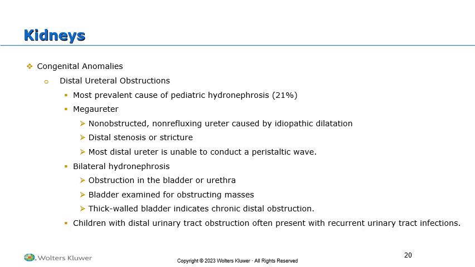It could be something in the bladder, like a bladder mass or something like that, that is affecting the bladder's ability to drain as well. So anytime we see bilateral hydronephrosis, we're thinking urethra, we're thinking bladder, we're examining for any sort of obstructive mass in those two areas.